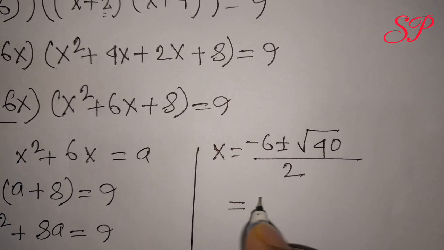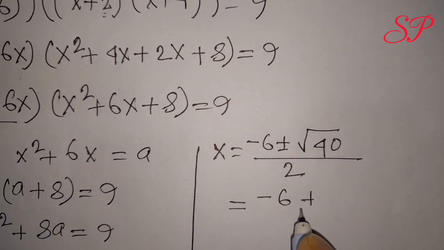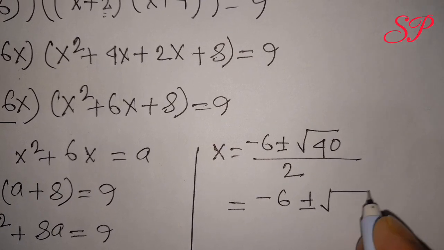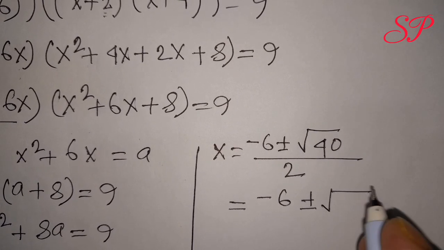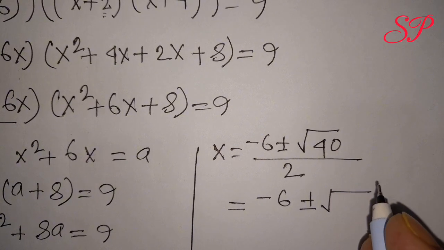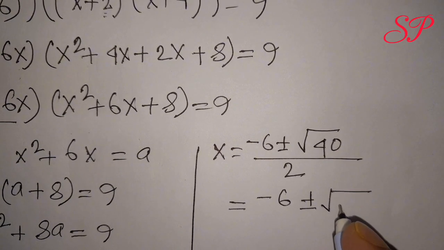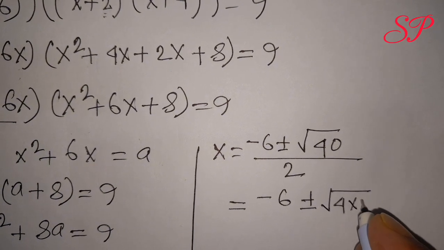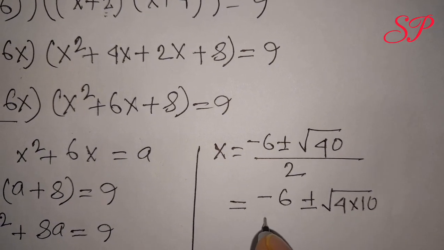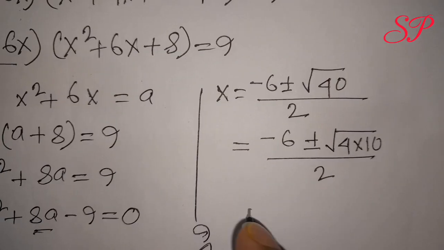Then we can write minus 6 plus minus root over 36 plus 4, which is 4 into 10, by 2.